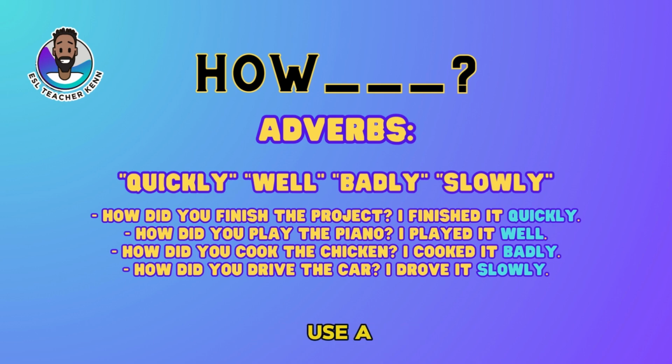Sometimes we use a single adverb like quickly, well, badly, slowly, etc. For example, how did you finish the project? I finished it quickly. How did you play the piano?